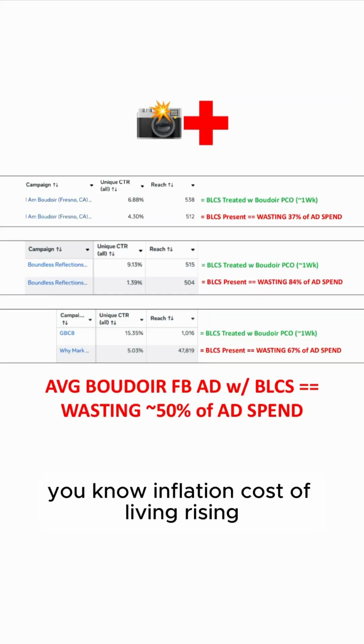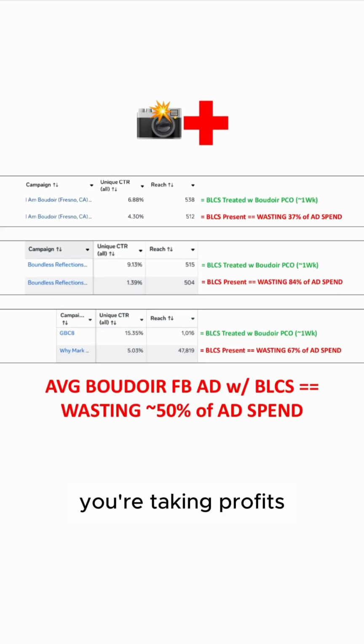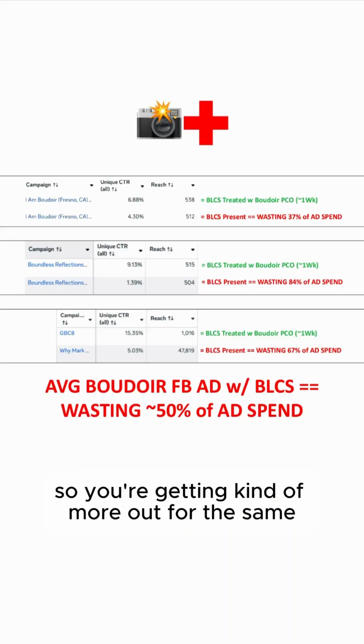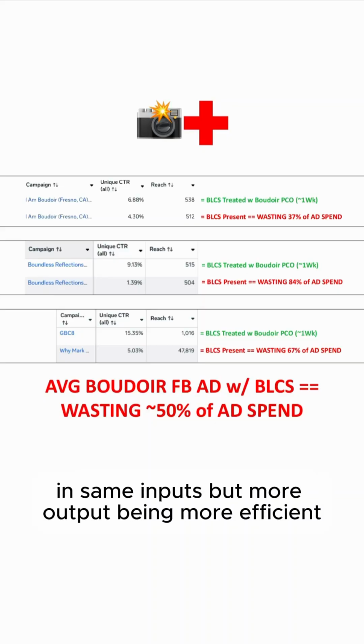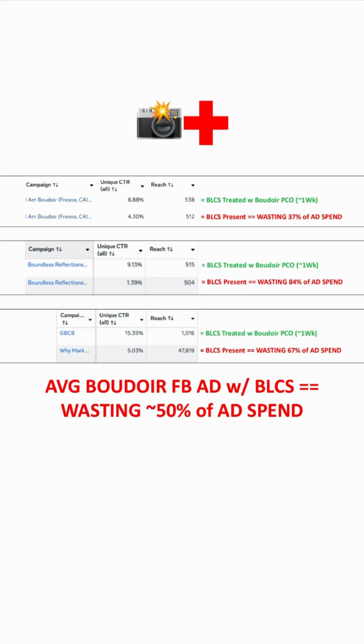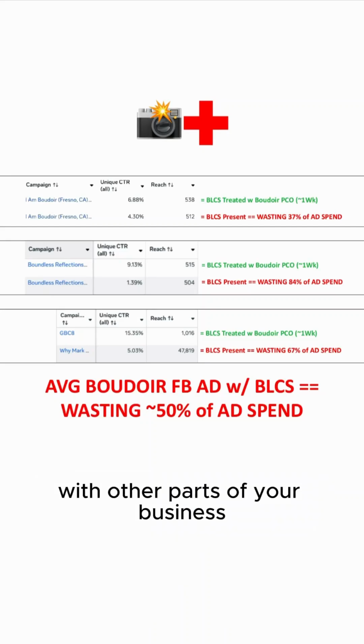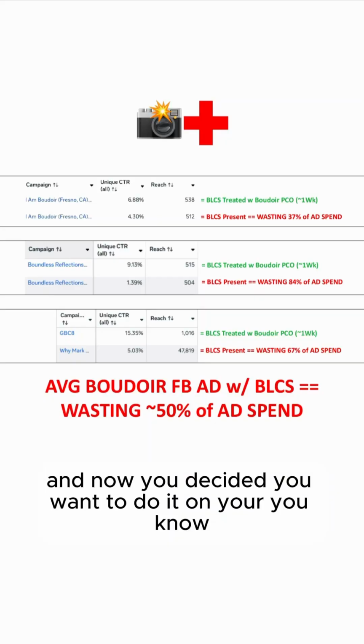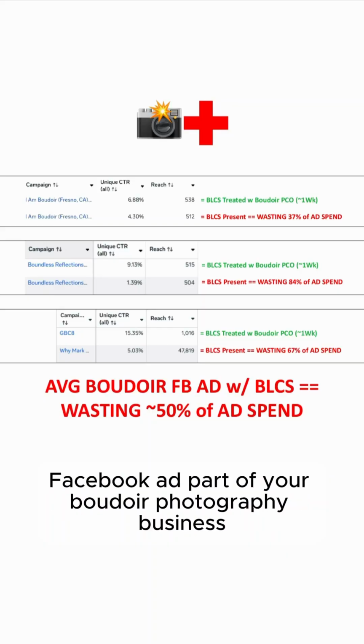You've also been seeing inflation and cost of living rising. So you've already decided you're taking profits and optimizing the other parts of your business, getting more output from the same inputs, being more efficient. You've already done that with other parts of your business. And now you've decided you want to do it on the Facebook ad part of your boudoir photography business.